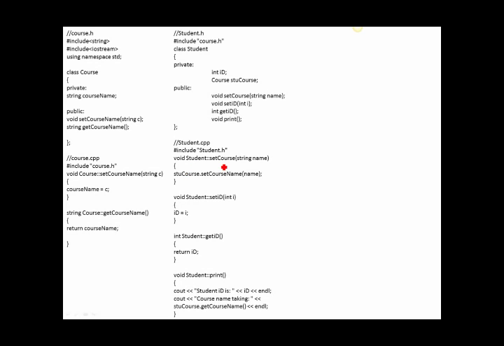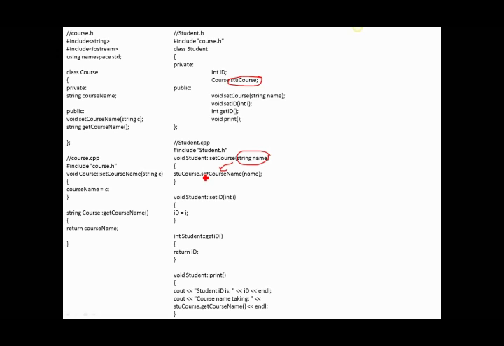In the student set course function definition, we're taking in a string variable called name, and then look what we're doing in the definition. We're using the studCourse object of the course class and the dot operator, because remember, that's how you access any functions of a class, by its object and the dot operator.